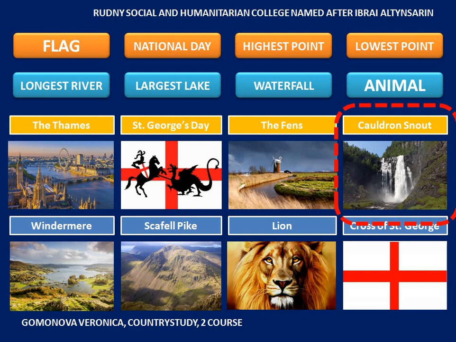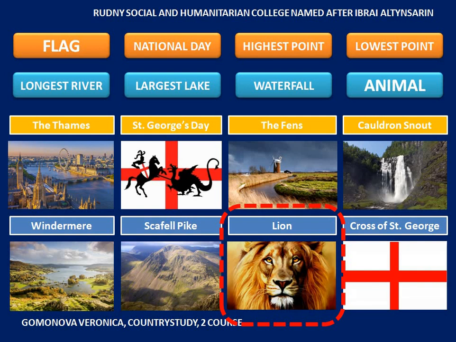And hooray, the last one is the national animal. The national animal is the lion, and it was declared the national symbol during the reign of Richard I, whose name was Richard the Lionheart, and nowadays it is a national symbol.